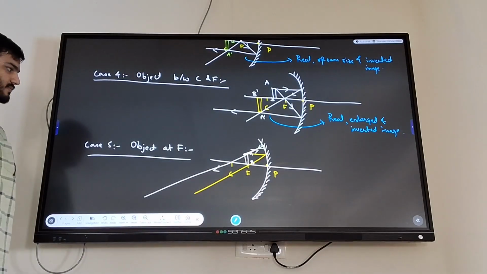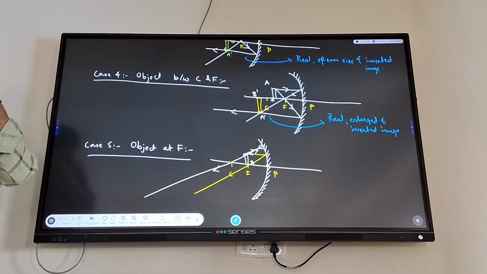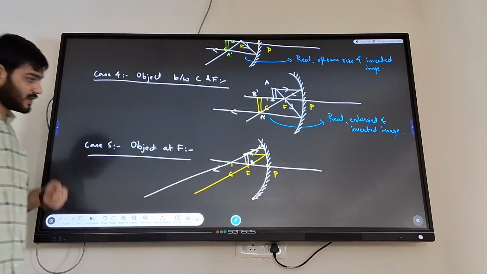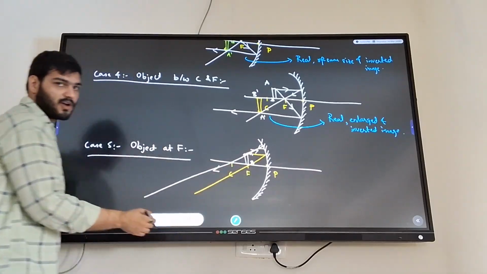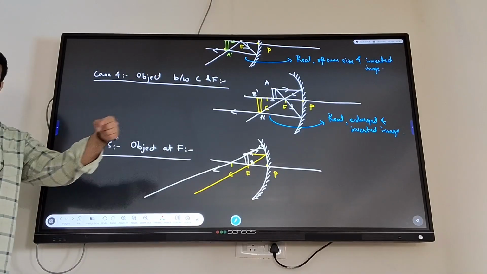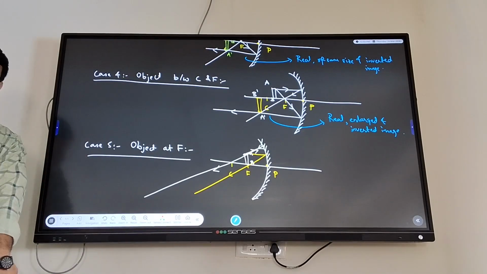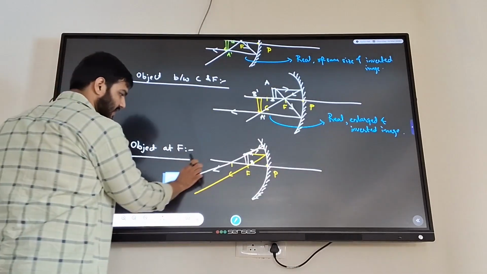We can take that from P also. If you take it from P, it's okay. You will follow the laws of reflection. I should have told you this, the fourth rule, that if you have the ray at any angle, then it will follow the laws of reflection and then reflect back.